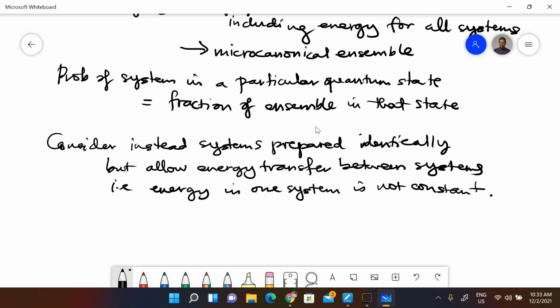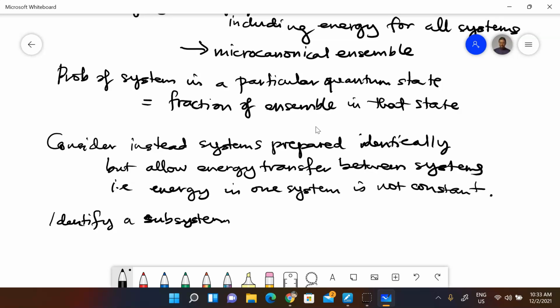Okay, so one can identify one particular subsystem. Sometimes I call it subsystems and sometimes I call it system, but essentially you have a subsystem in the whole ensemble.